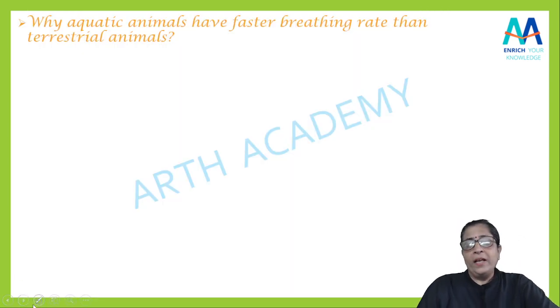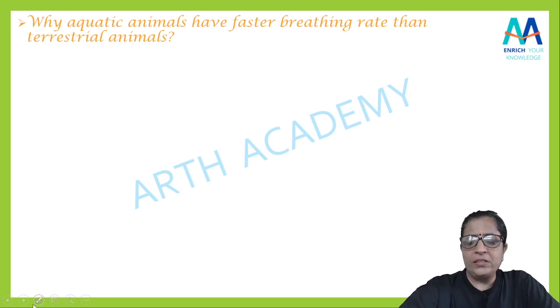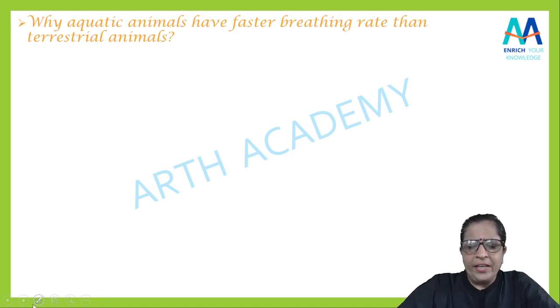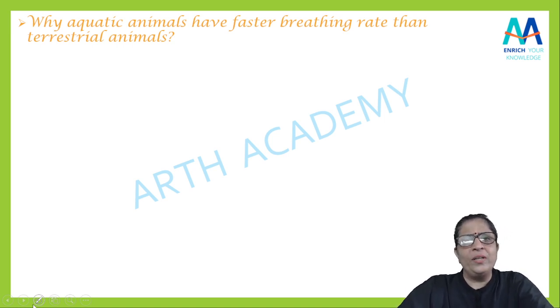Depends on you. Now, students, यदि मैं आपको question दूँ कि why aquatic animals have faster breathing rate than a terrestrial animal. होता है क्या ऐसा? तो aquatic animals हैं, yes, उनका faster breathing rate है as compared to the terrestrial animal.